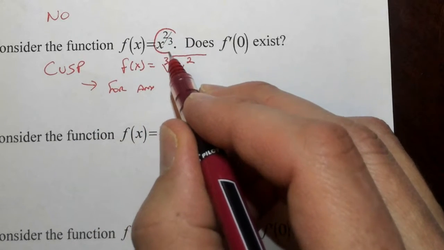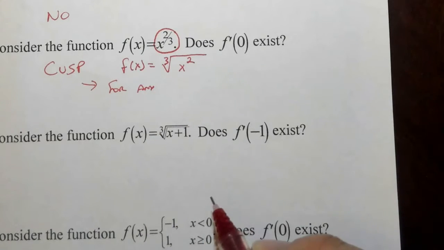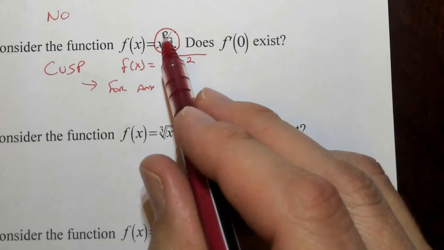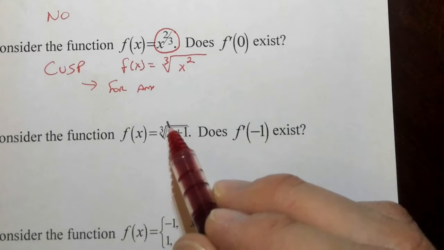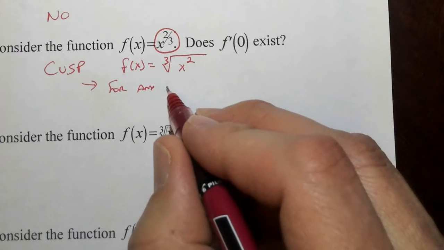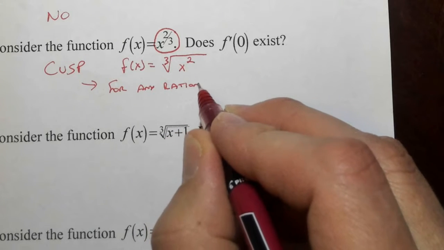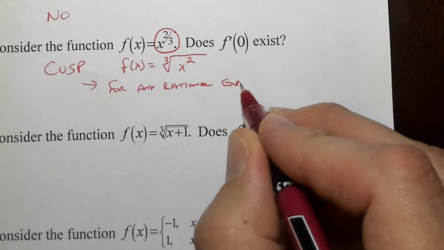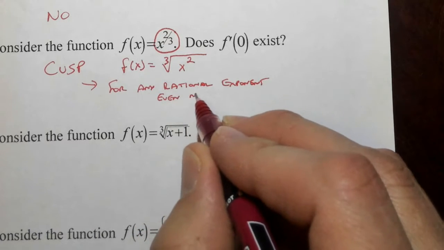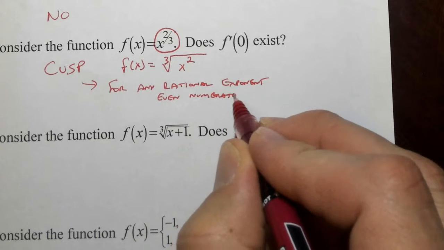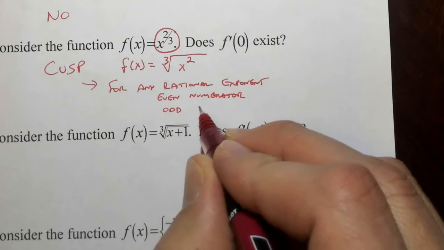situation where we have an even numerator and an odd denominator. Okay, so for any rational exponent where we have an even numerator and an odd denominator.